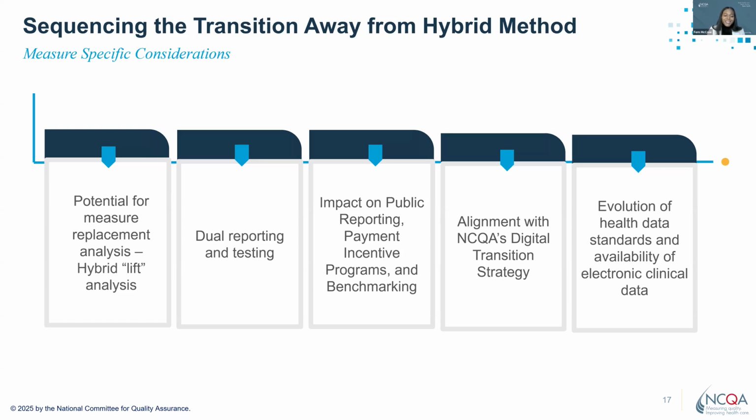And finally, as noted previously, we are working very closely in the standards community to understand those opportunities to close some gaps in data, feasibility or standards, but also understand the availability of electronic clinical data to help inform our approach. And so that will also be something we look very closely at across these measures. All of these factors really made it very clear that we should proceed with a very strategic path for sunsetting hybrid.